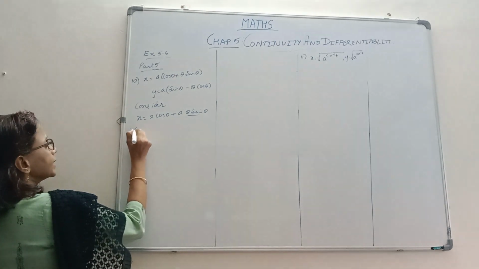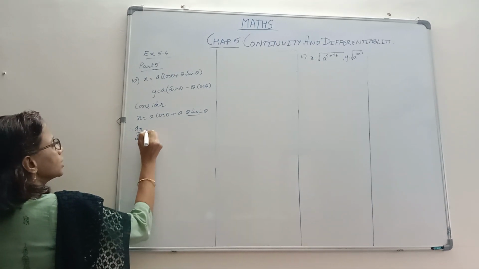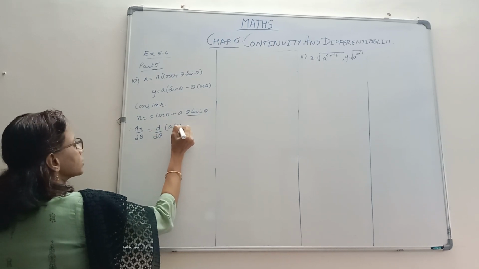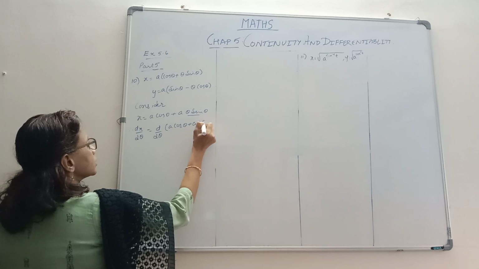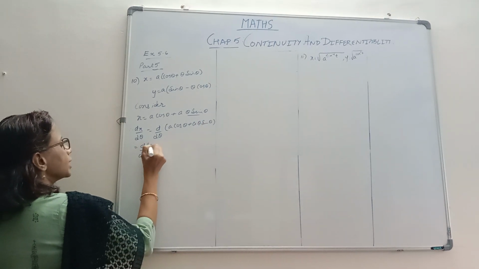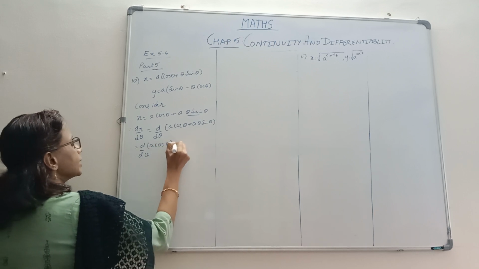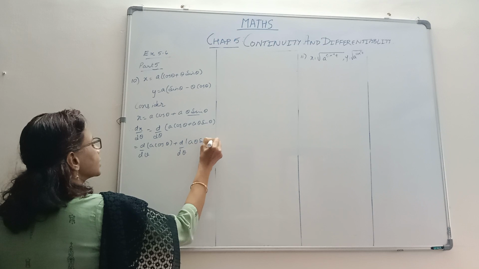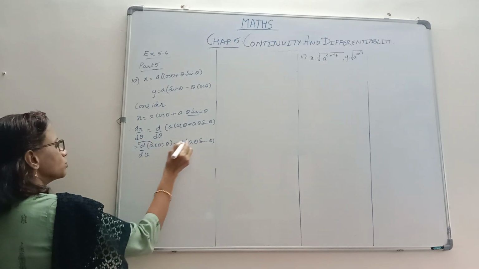So getting the derivative with respect to theta means it is d by d theta of this whole thing, or in other words, d by d theta of a cos theta and d by d theta of a theta sin theta. Without doubt, this a will come out in both the cases.